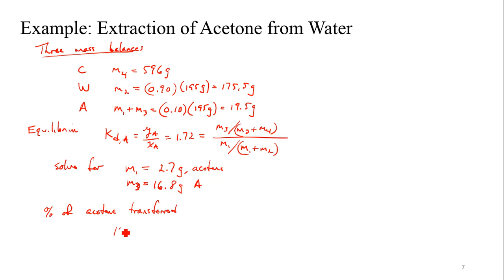So this would be then 16.8 grams divided by what comes in, which was our 19.5 grams, times 100%, and essentially 86% of the acetone gets transferred in this case.